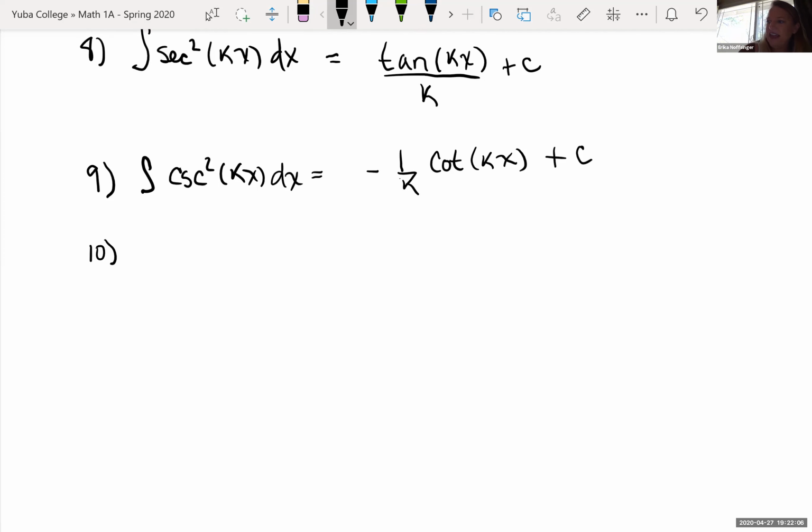If we have the antiderivative of secant kx tangent kx dx, whatever gave us the derivative of secant tan, that was secant. So this is equal to positive 1 over k secant kx plus c.